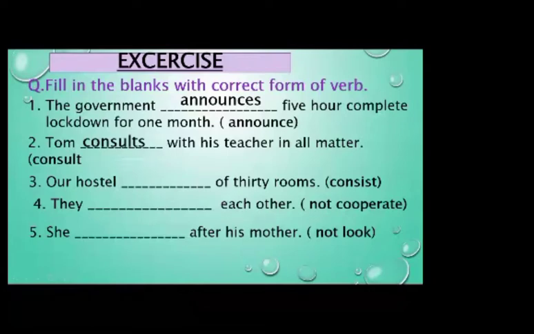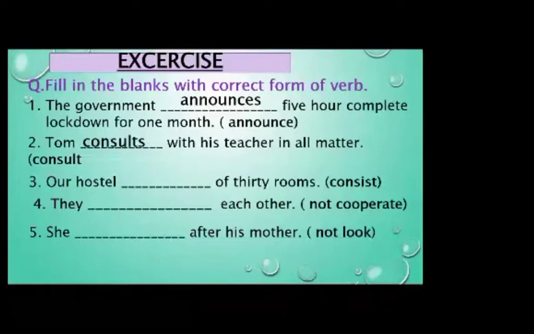Number 3. Our hostel dash of 30 room consists. Now let's see who answers me. Yes, either you will use the first form of verb. If it's third person, then you will use S or ES.